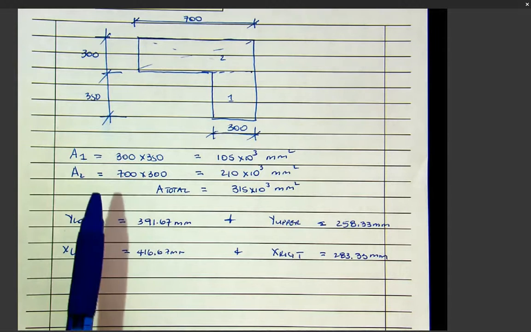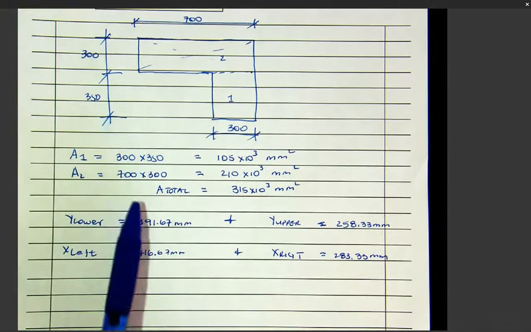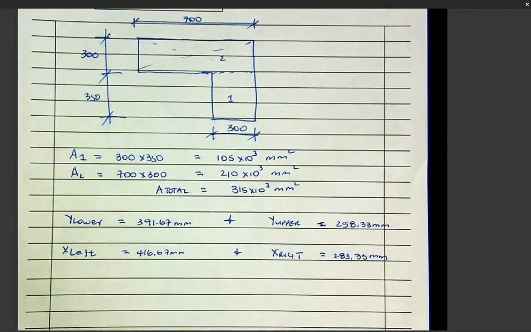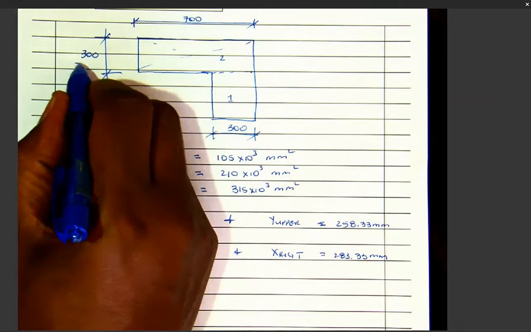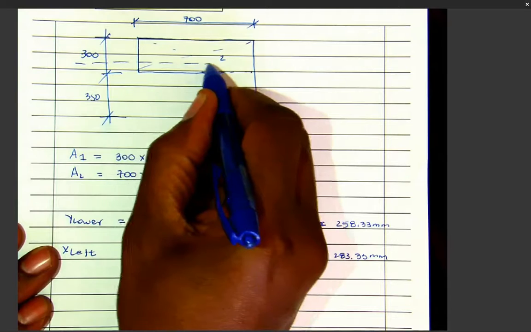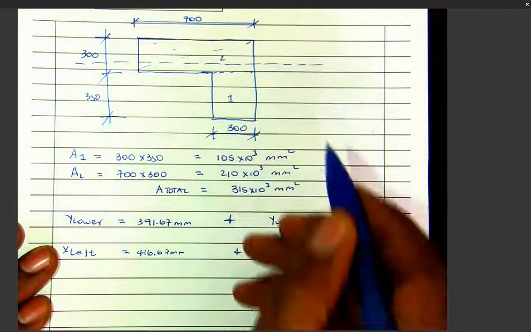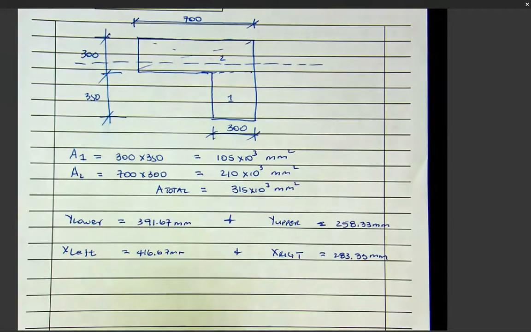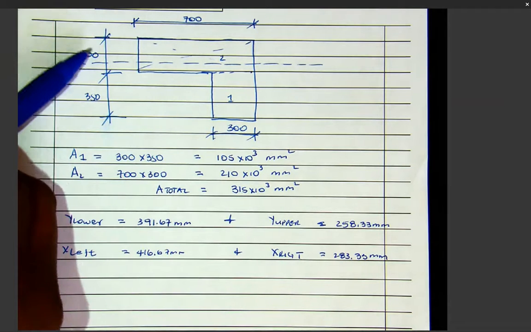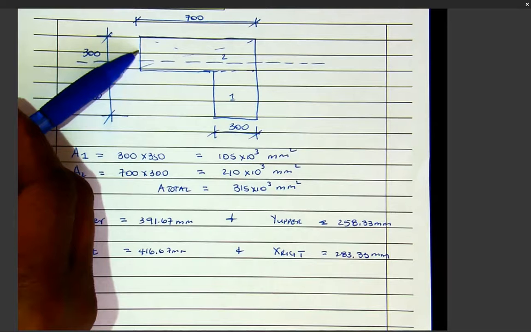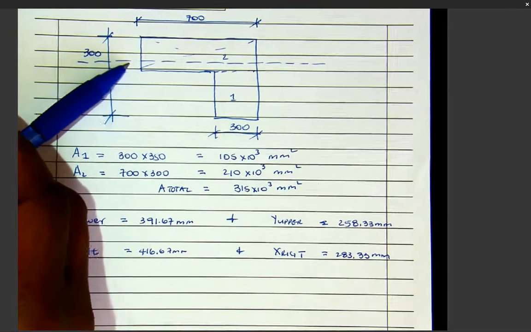IXX. If you look at that dimension, that is 350, so 391, let's say it's going to be somewhere there. And from the top is 258. So if this is 300, half of 300 is somewhere there, which is 150. 258 will be somewhere there.